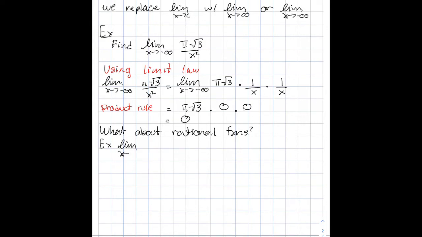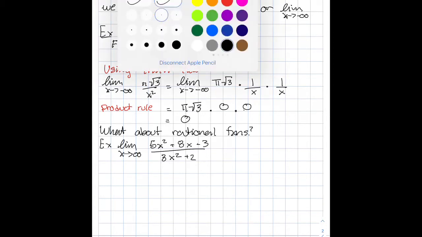So we'll do the limit as x approaches infinity of 5x squared plus 8x minus 3 over 3x squared plus 2.